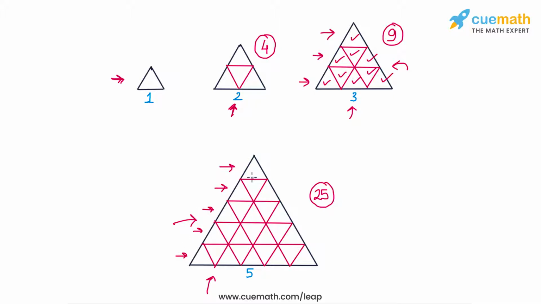And if you count the triangles, you can find that these are exactly 25 triangles that can be fit. So basically what we see is that for an equilateral triangle of side n, we can fit n square equilateral triangles of side 1 into it, and the fitting is exact.